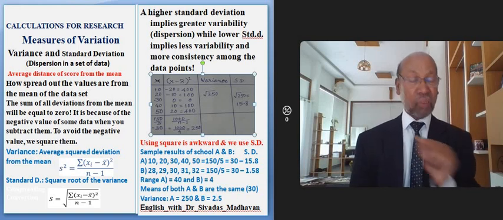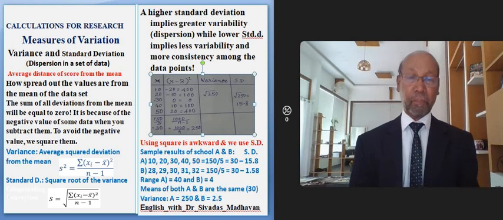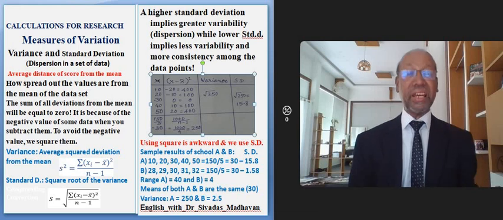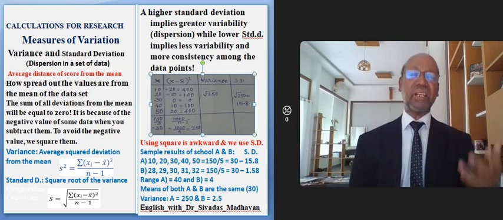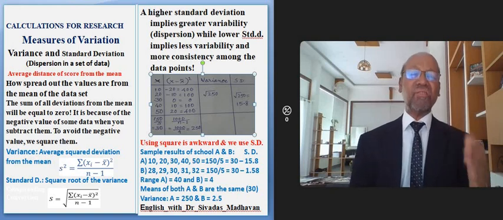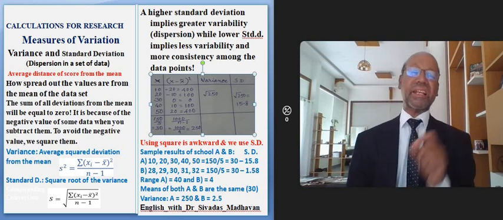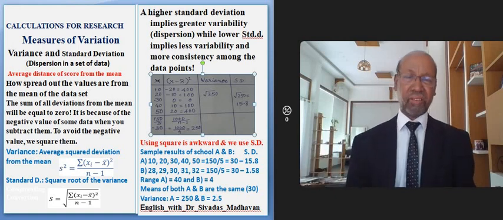So 1000 divided by 4 will be 250. This 250 is in square units. That is variance. And to change that variance into standard deviation, we take the square root. When we take the square root, we will get 15.8. So 15.8 will be the standard deviation of the data set we have.